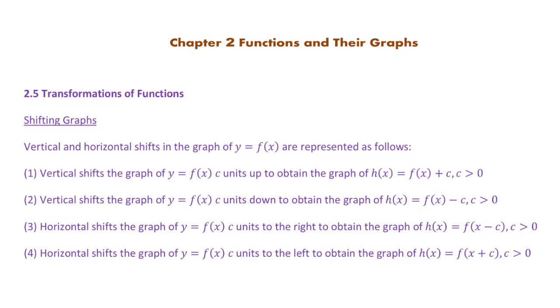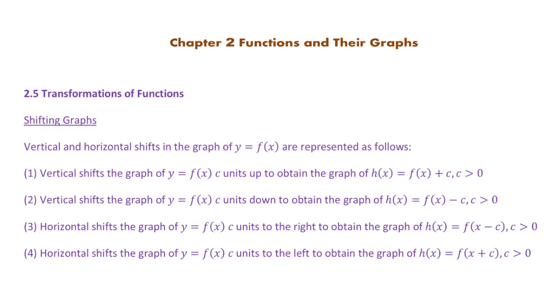Okay, so in the first case, if you shift the graph of y equal to f(x) c units up, then you're going to get the graph of another function h, which is f(x) plus c. So suppose c is a positive constant. Okay.